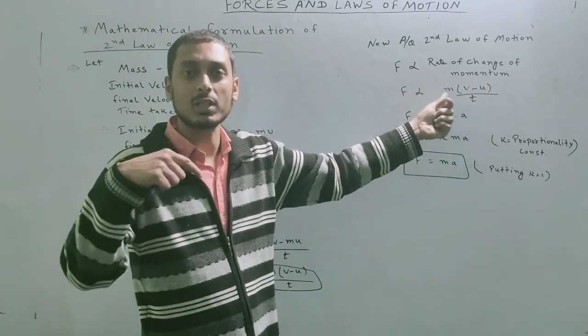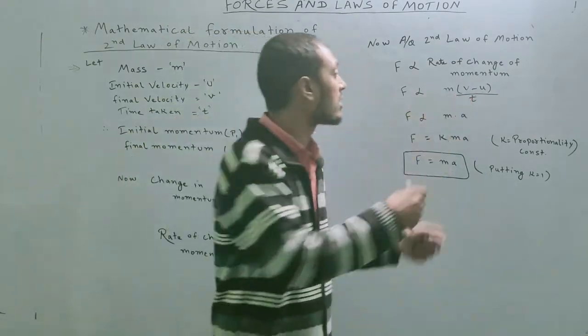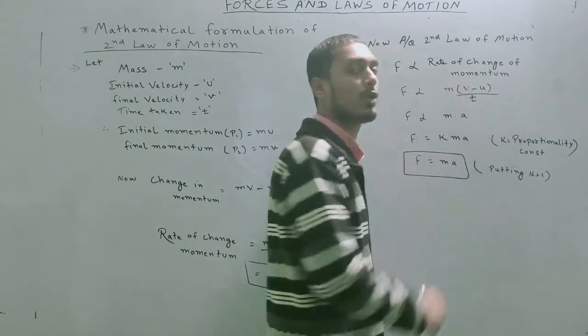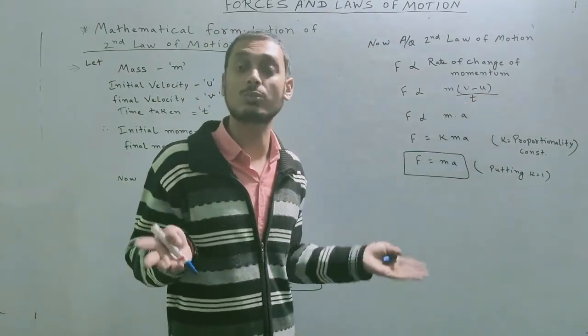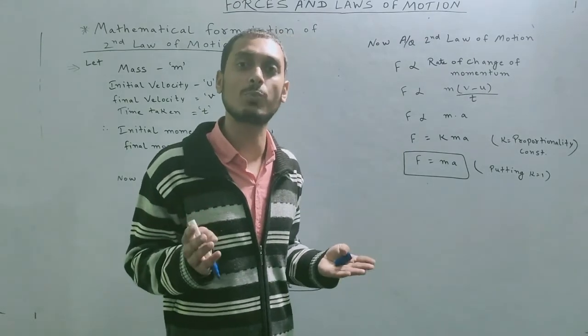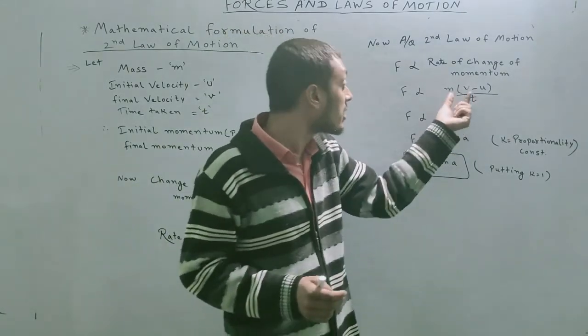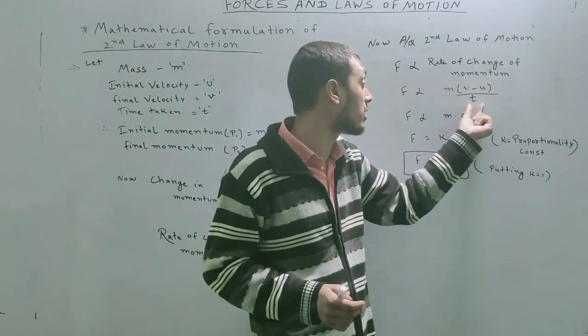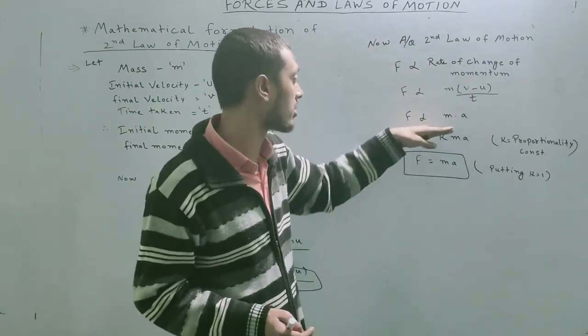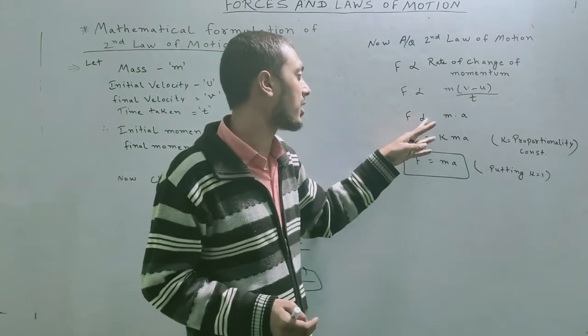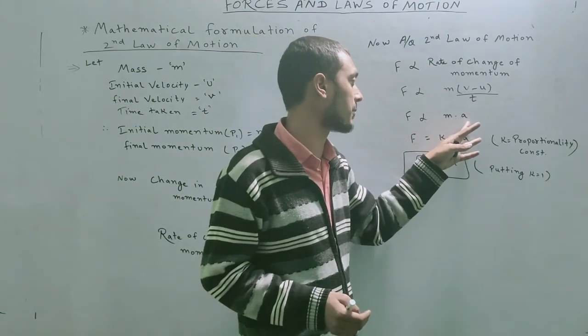From the previous chapter, if you remember, what is this quantity (v minus u) upon t? This is nothing but the acceleration. What was the formula for acceleration? v minus u upon t. Then instead of this (v minus u) upon t, we can write a, acceleration. Then it is reduced to F is directly proportional to mass into acceleration.